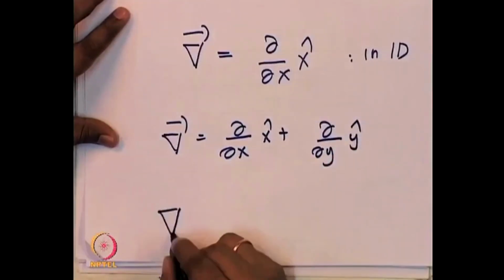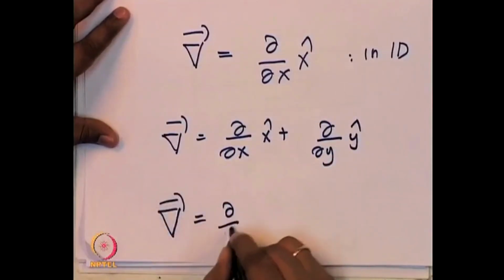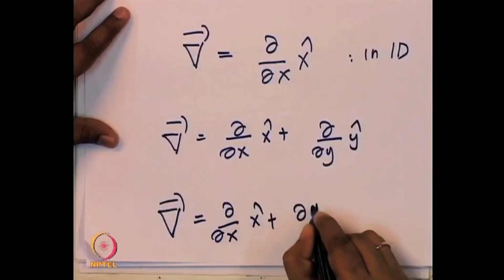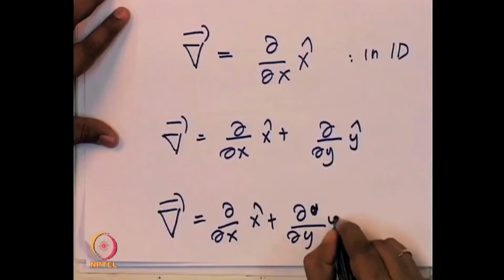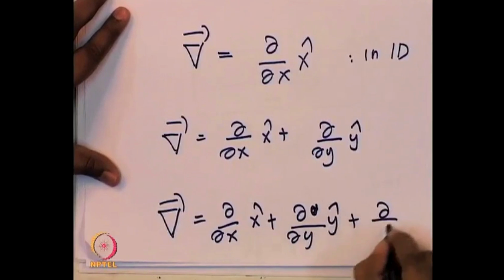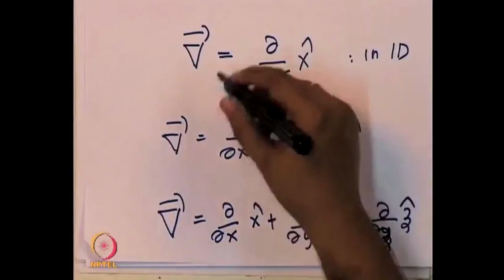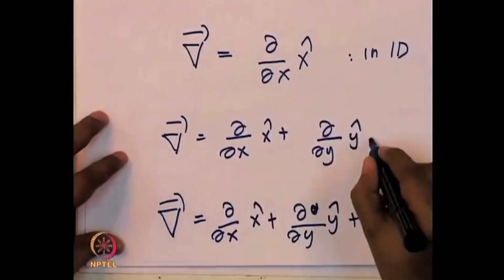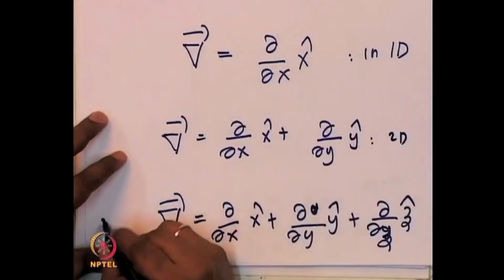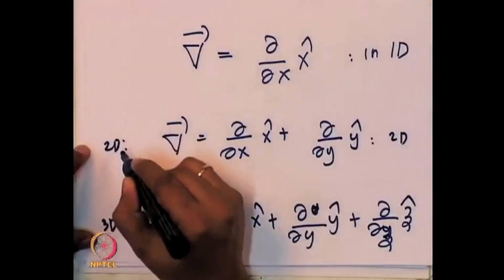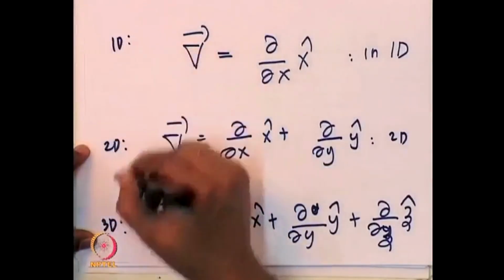In 3D, del means del by del x times x cap plus del by del y times y cap plus del by del z times z cap. So, this is 1D, 2D and 3D.